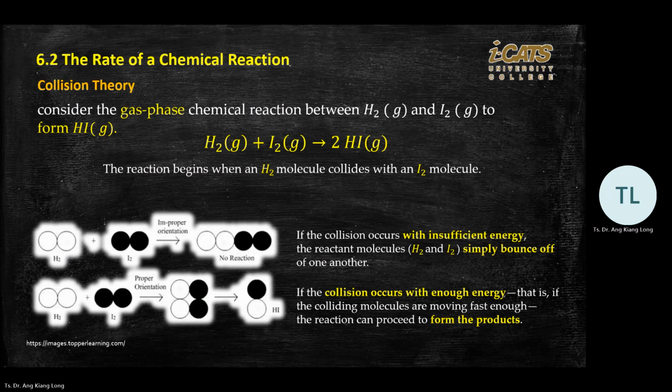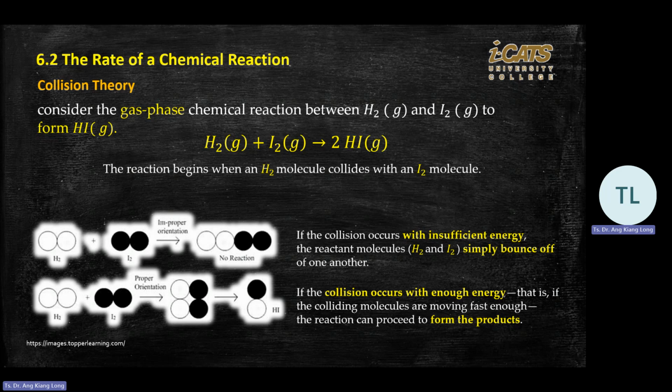Better. Okay, so the second one, when collision happens with enough energy, besides the correct orientation or proper orientation, you need to give enough energy. The colliding molecules are moving fast enough, and the reaction can proceed to form a product. Means the keywords there, for the reaction based on collision theory, you must use the word collide, and then energy, mention proper orientation.